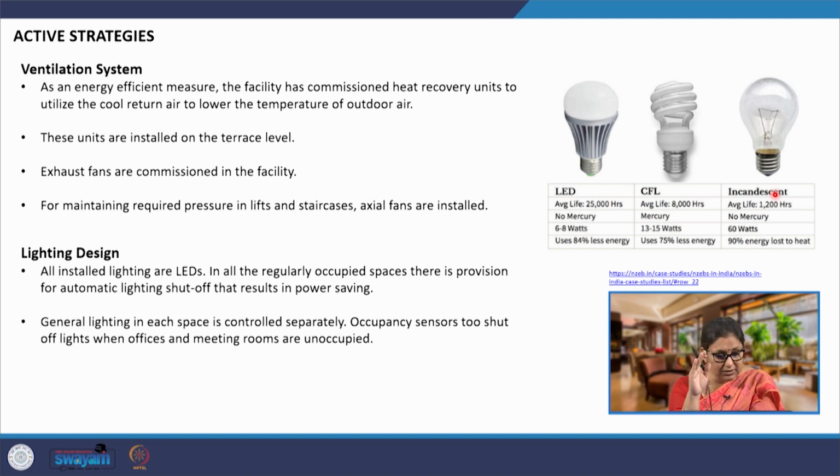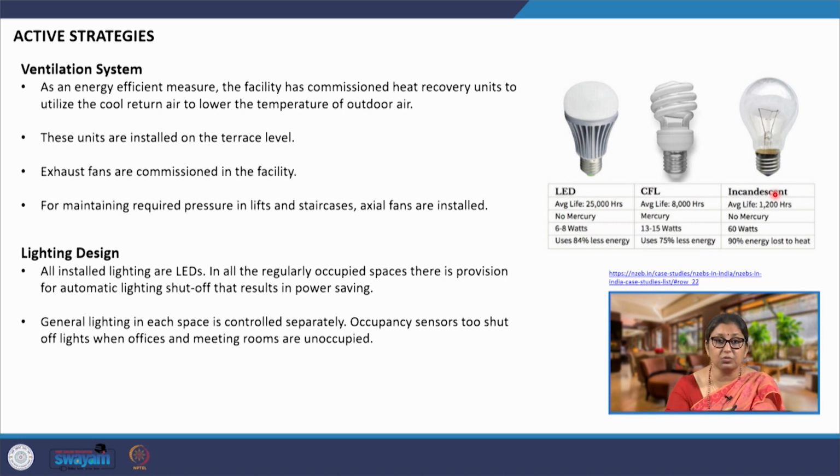All the exhaust fans and an efficient heat recovery system have been installed to make this ventilation system more and more energy efficient. Coming to lighting design, again LEDs have been provided in the entire office building.